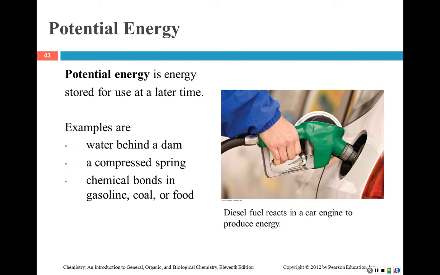So the water we saw behind the dam, if you compress a spring and then let go of it, right? If you compress it, that's potential, but if you let go of it, it's going to release that energy that you're storing in there. We can also store energy in chemical bonds.